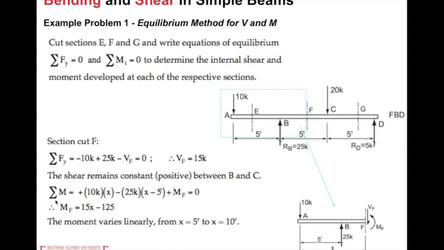And similarly, for the moment sum equal to 0, we have MF equal to 15 times X minus 125. At this moment, the range is between 5 feet and 10 feet, because it starts from B, that's 5 feet, and until C, it's 5 plus 5 equal to 10 feet. Then we have this problem solved.